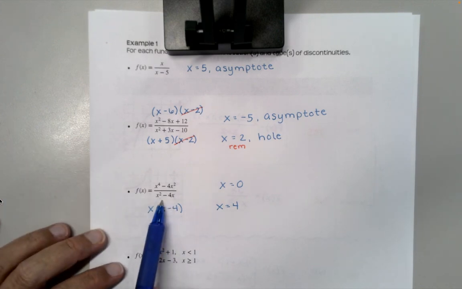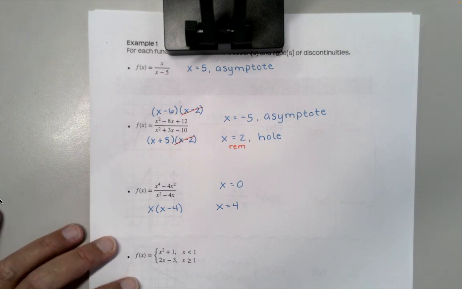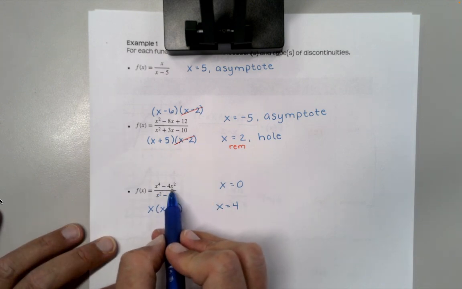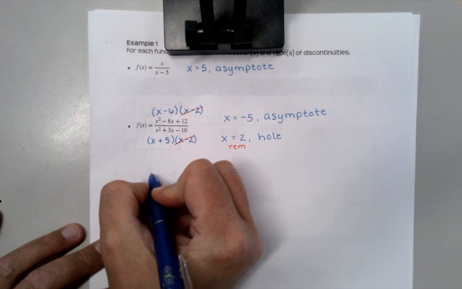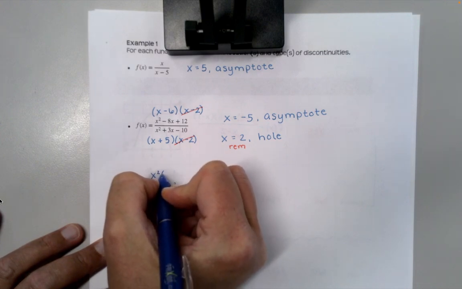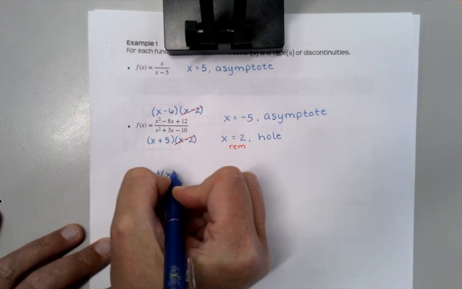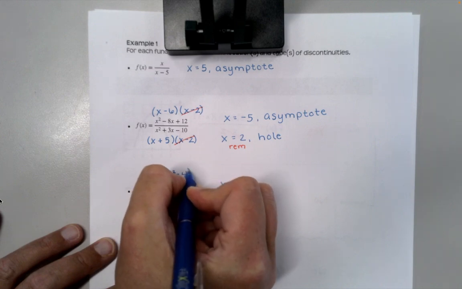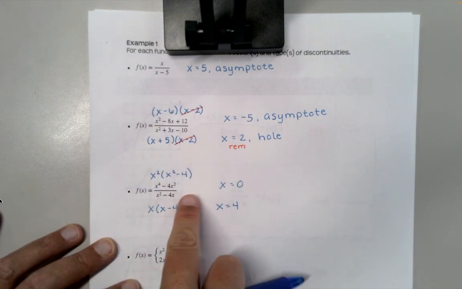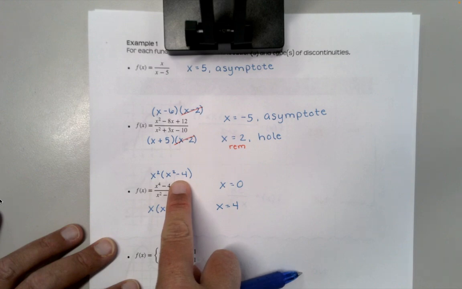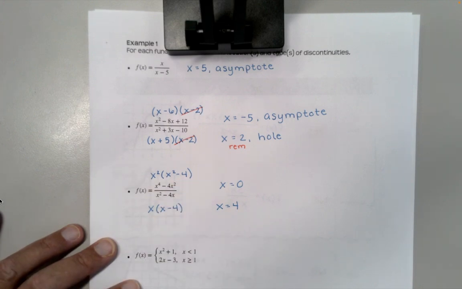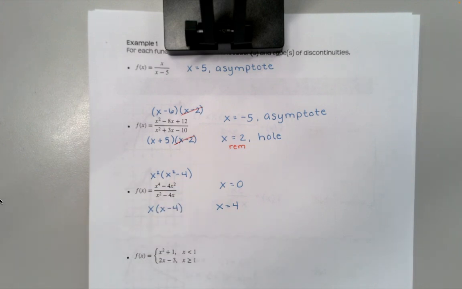To know if they're removable, I have to look at what's happening up there on the top. And so I'm going to pull out an x squared out of both of them. And then I'm left with an x squared minus 4. Now be careful here. I could factor this further. If I factored that further, it would be an x plus 2, x minus 2. I don't really need to, because all I'm checking for is can anything cancel with the bottom.